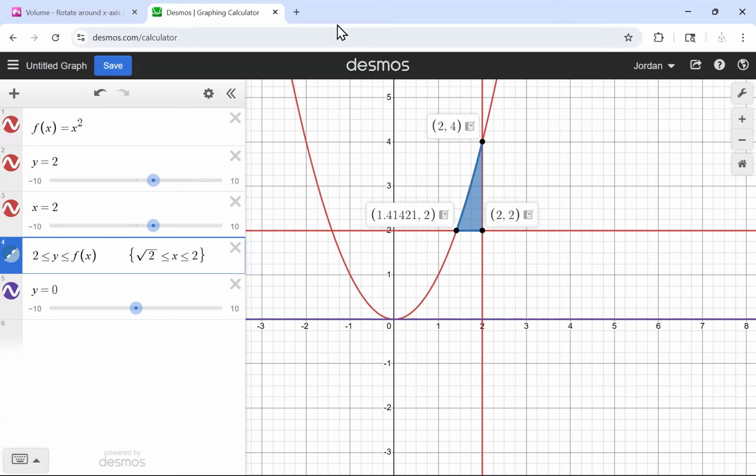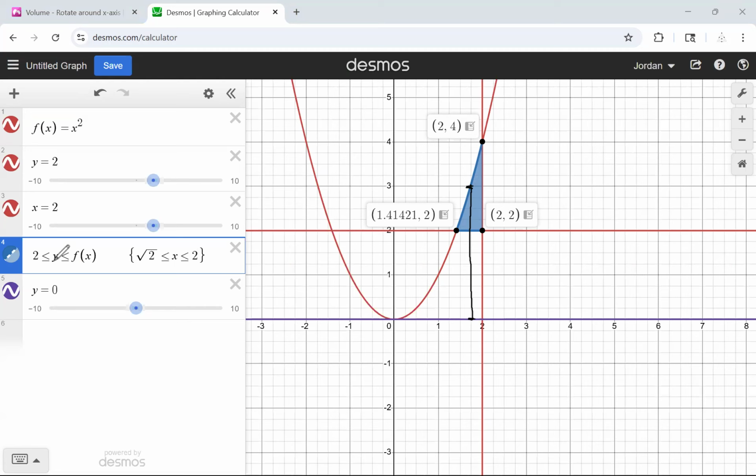Well, let me just draw it. My outside rectangle goes from the top, which is y equals x squared, down to the line I'm rotating around, which is y equals 0.